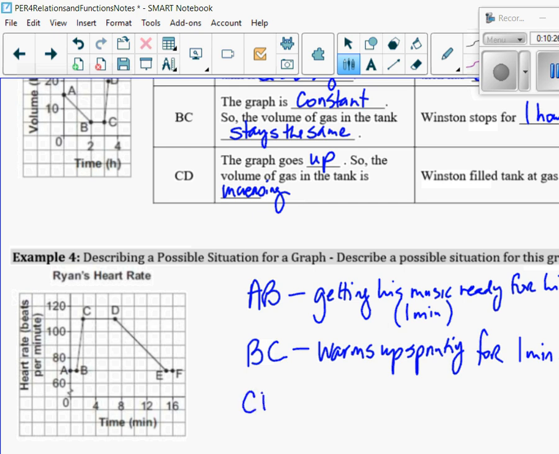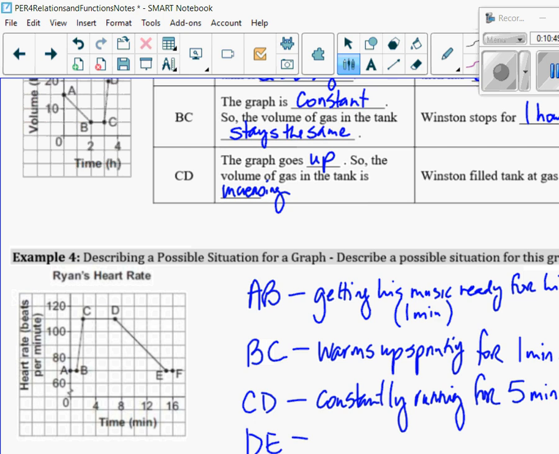And from C to D, what should we say? Constant run. Constantly. I know, it's kind of boring. Running for 2, 4, 5 minutes.